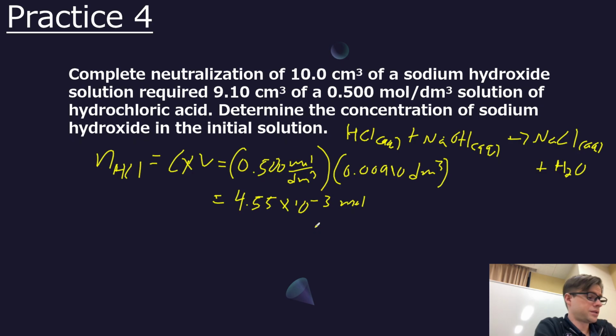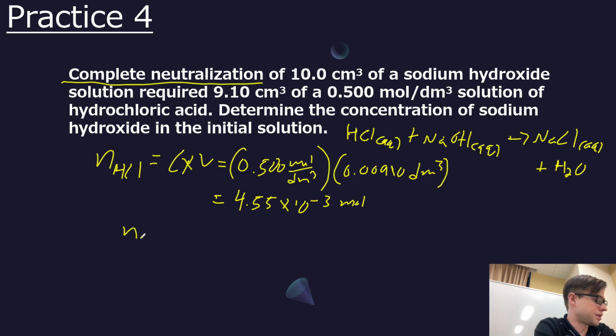All right, and keep in mind here that this says complete neutralization again. So we won't have a limiting reactant here. We'll just have exactly the amount required for complete reaction, complete neutralization. So we can just assume that we're dealing with an amount equal to this amount of HCl for the NaOH, but we do have to consider mole ratios.